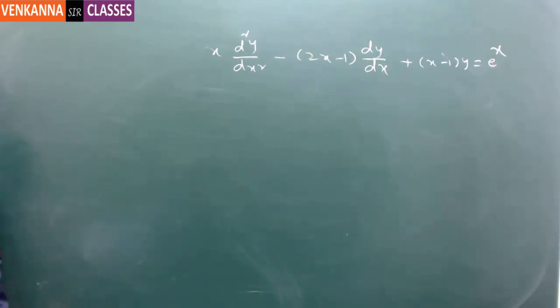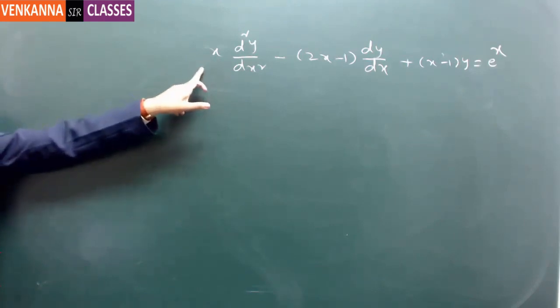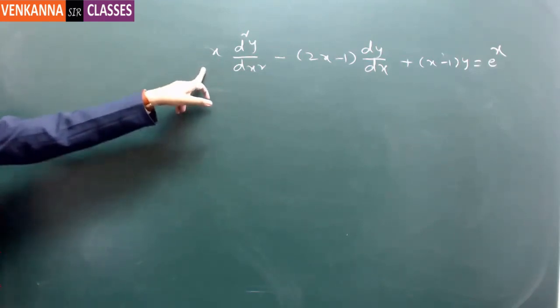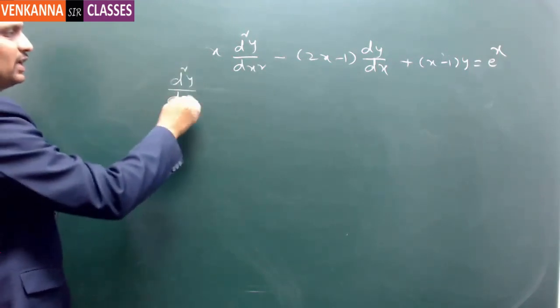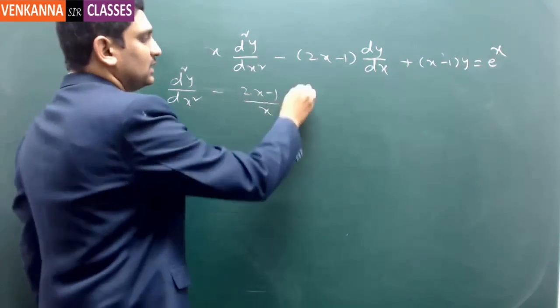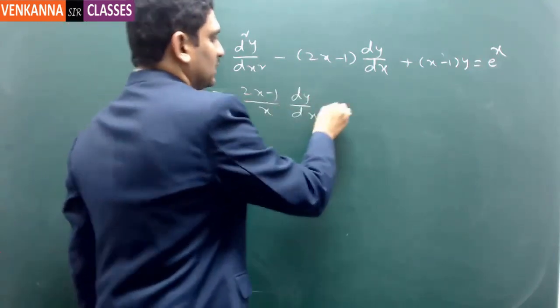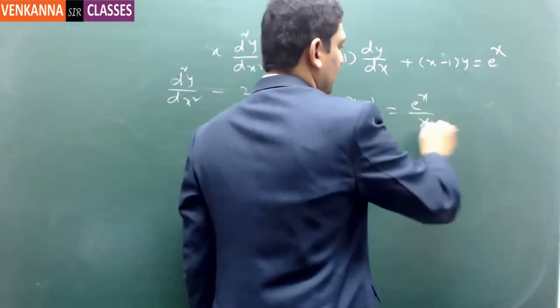So first thing is we have to check whether the given equation is in the required form or not. Since d square y by dx square has a coefficient, it must be eliminated first. So d square y by dx square minus 2x minus 1 by x into dy by dx plus x minus 1 by x into y is equal to e power x by x.